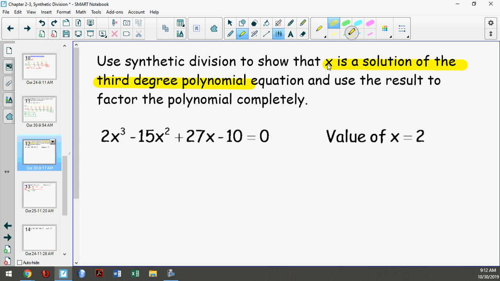So according to synthetic division, what does that mean that I should have with my problem? What's important about synthetic division? What's the last number in synthetic division? Your remainder. So if this thing is a root or a solution, what should my remainder be?